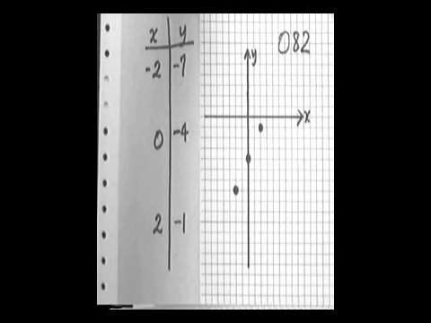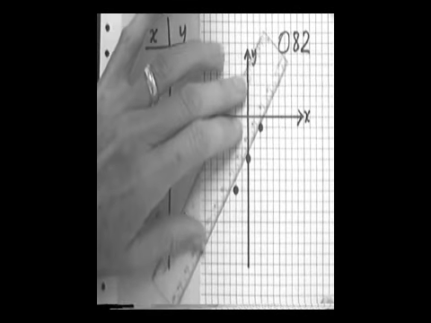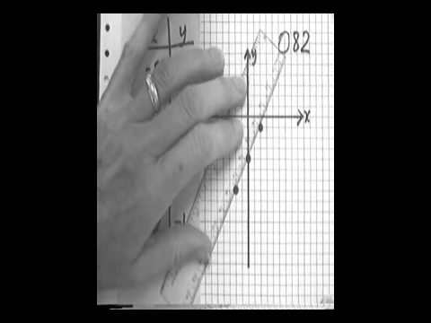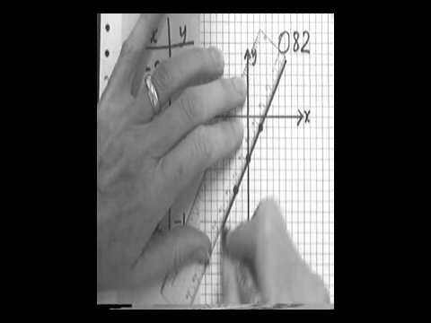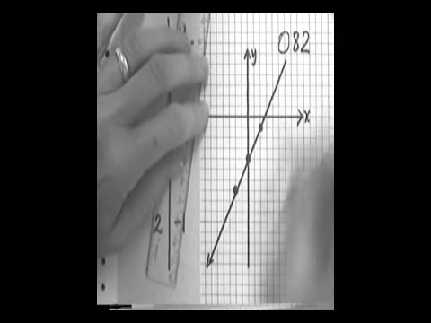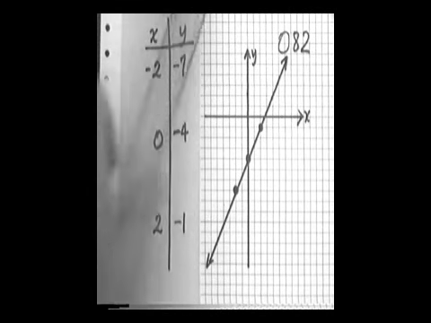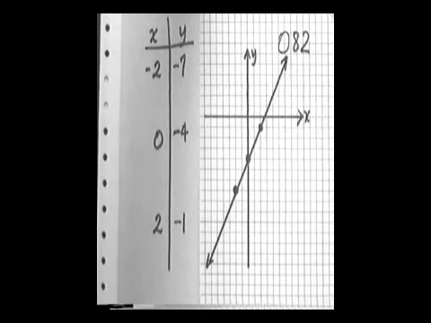Do these 3 points line up? Let's see. Yes, they do. And so I can draw my line all the way across the picture with arrow points on either end to indicate that the line does not stop there.